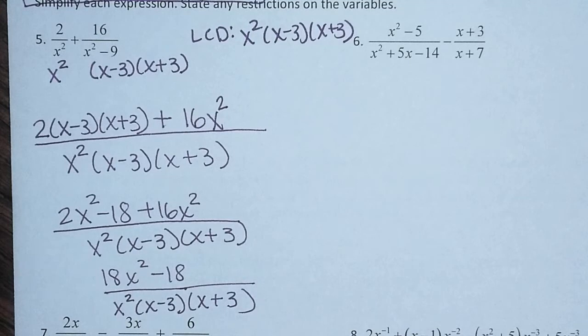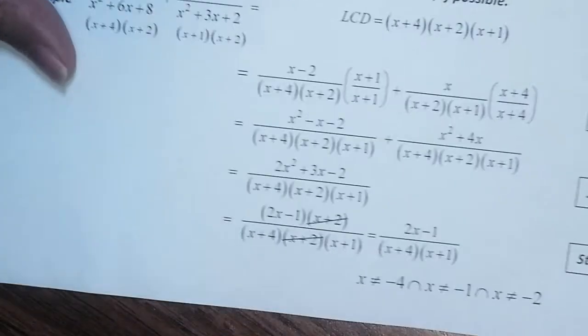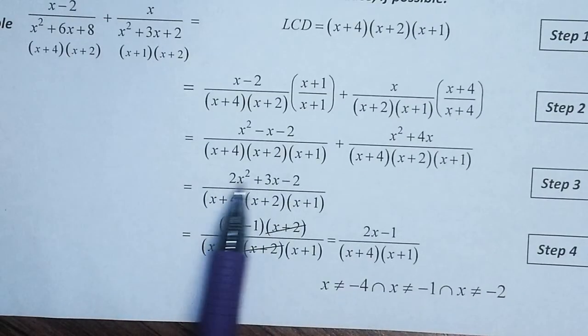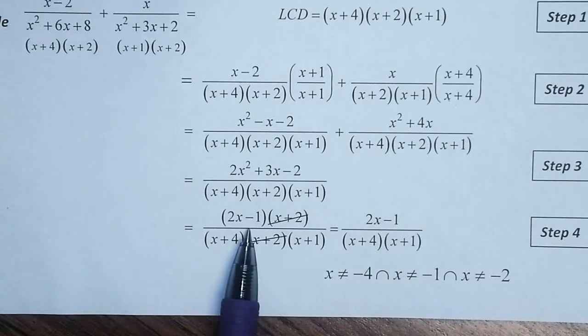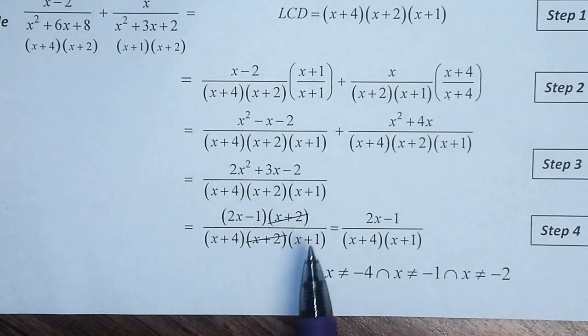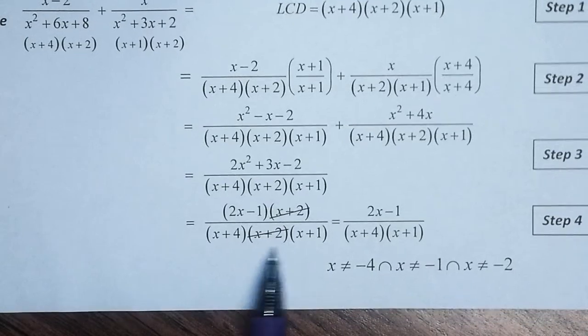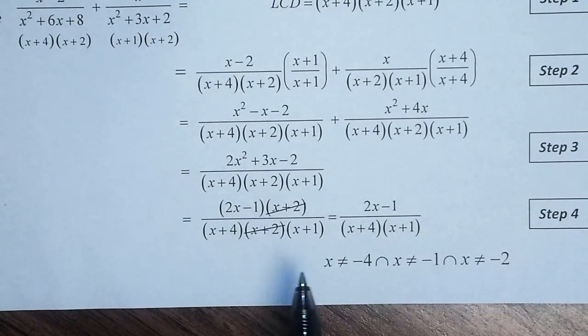At this point, you want to make sure you factor the numerator just to see if you can cancel anything. Because sometimes, like for example, on the one on the back, once you simplify your numerator, I need you to factor it so that we can see if anything cancels from the top and the bottom. Sort of like on Monday's lesson.